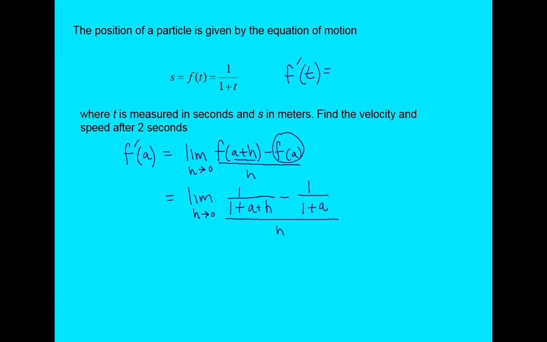At this point, if we tried direct substitution, we'd plug in 0 for h, and we'd have 1 divided by 1 plus a minus 1 divided by 1 plus a, which is 0, all divided by 0. We get the indeterminate form.